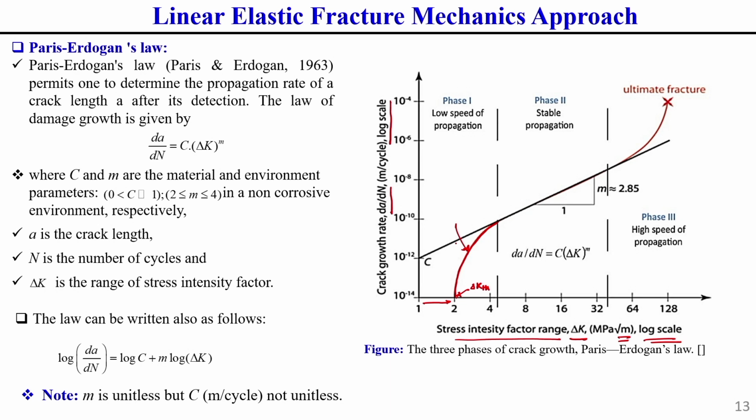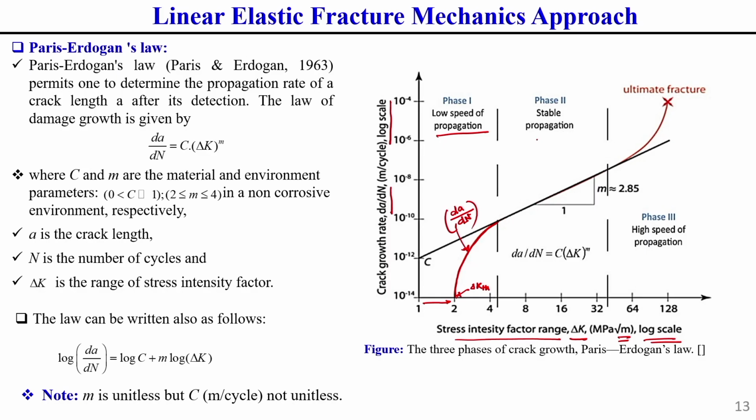So, this is called phase 1 or low speed propagation, because here dA by dN is slowly increasing. Then the second stage comes, which takes the major portion of the time of crack propagation.